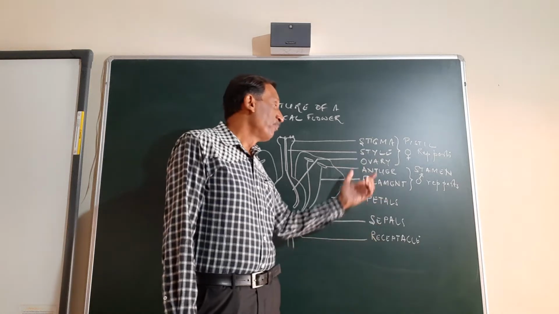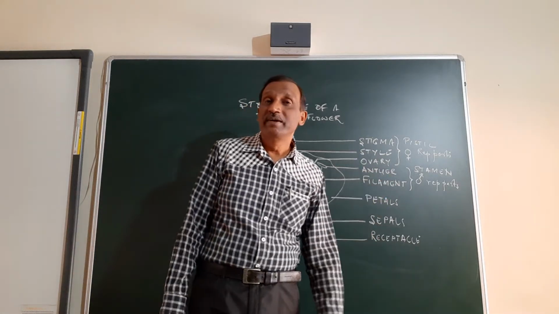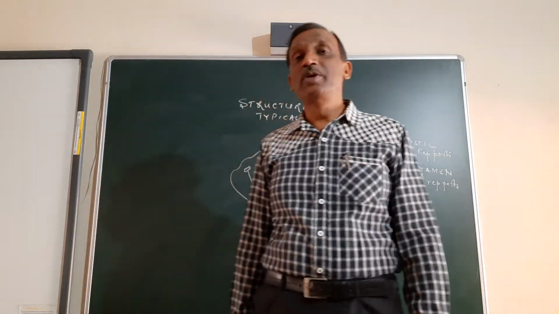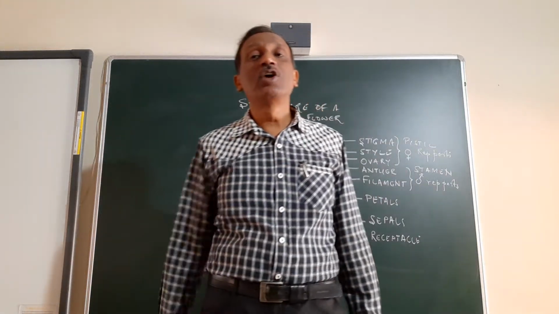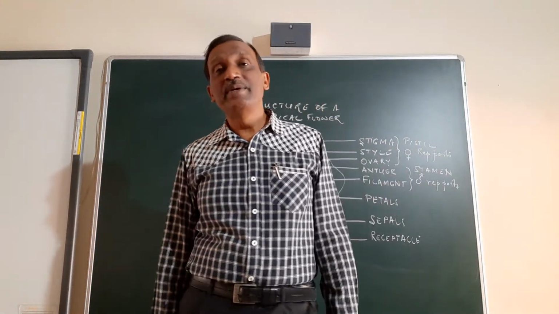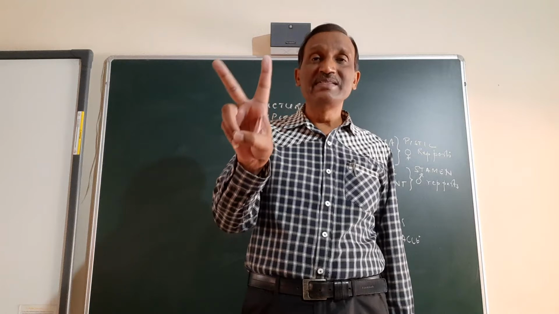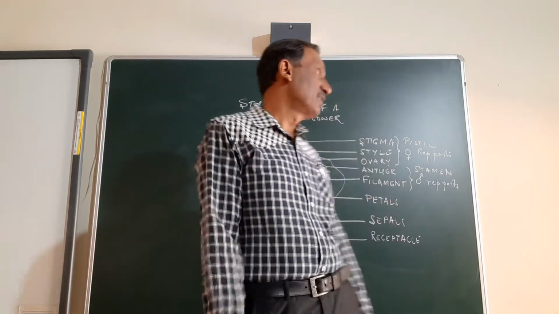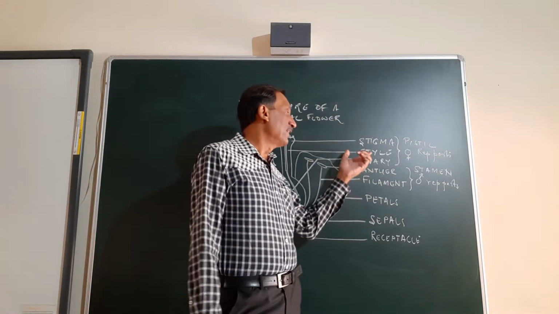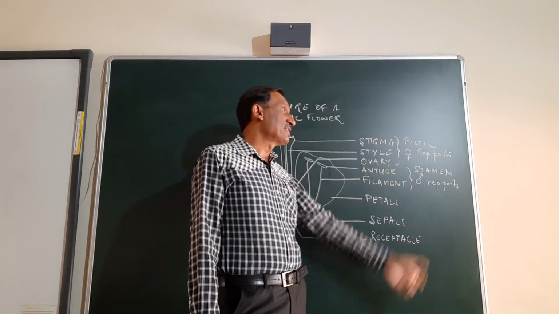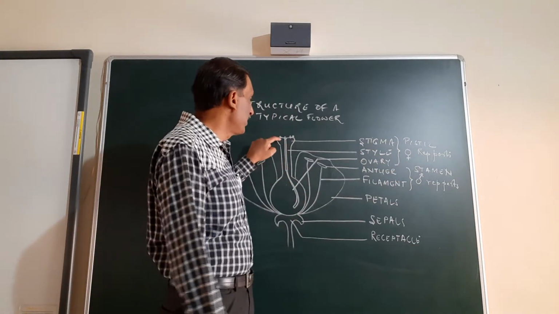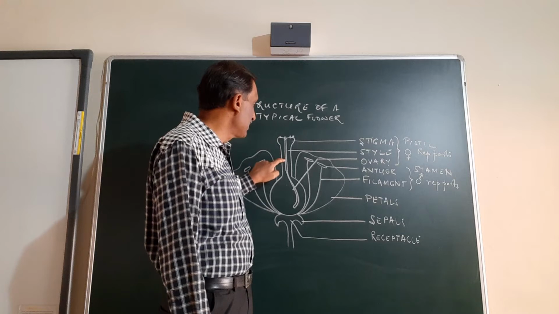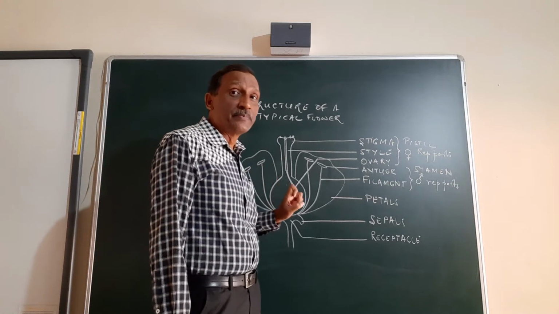Okay, then the stamen is there, that is the male reproductive structure, which is actually producing pollen grain, and pollen grain has got the male gamete, that is the two male cells. And then the innermost part, that is the pistil, is there, and pistil is divided into three parts, that is the stigma and the style and the ovary, है ना.